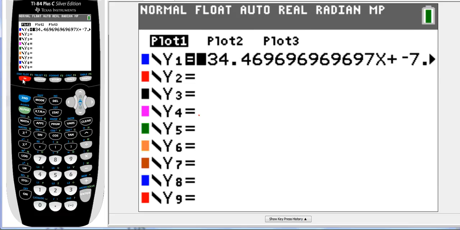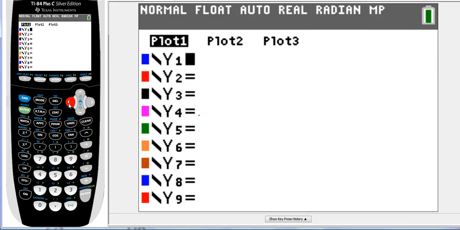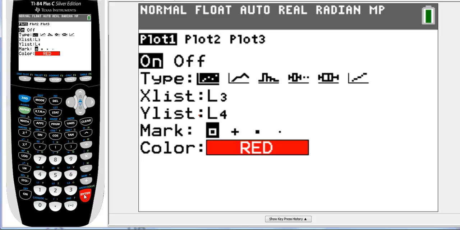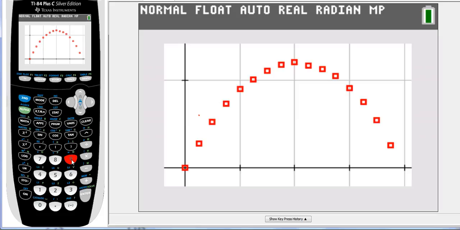Again, I'm going to clear my y1 out from before. So I will go second y equals and turn it on. My data is in list 5 and list 6. Yours might be someplace different. I will hit zoom 9.